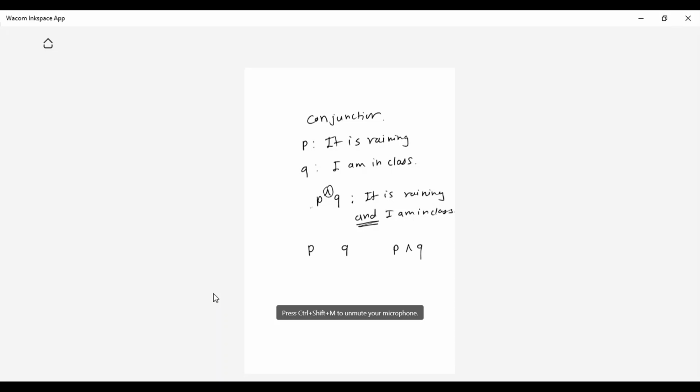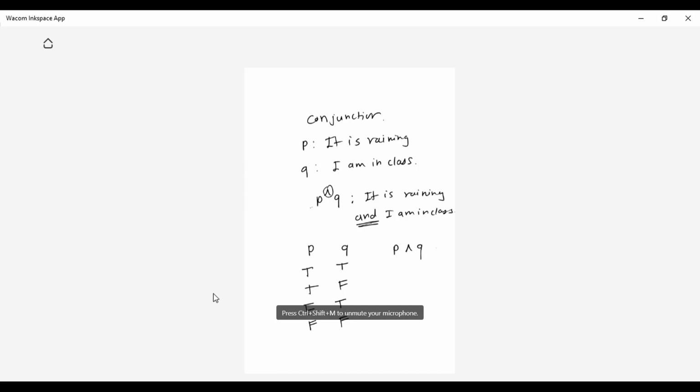So better to write it in a notebook. So P, Q: T, T, F, F, true, true, false, false. Q: true, false, true, false. In the same way we are writing everywhere. You can follow this sequence or you can have FFTT and accordingly FTFT, whichever is convenient for you.